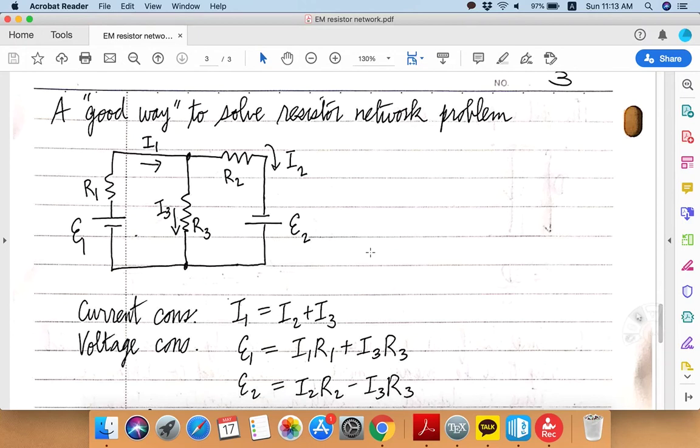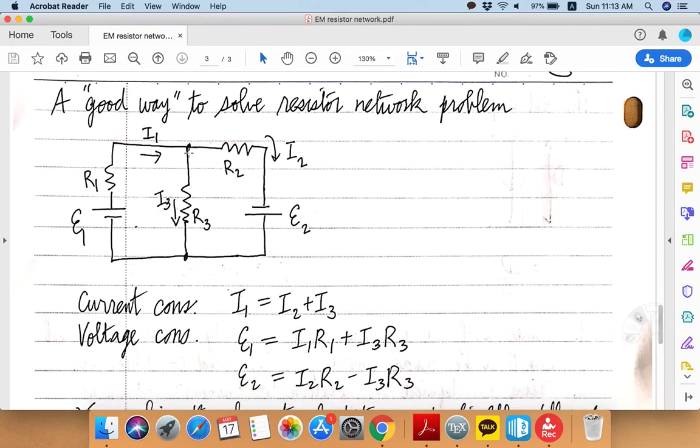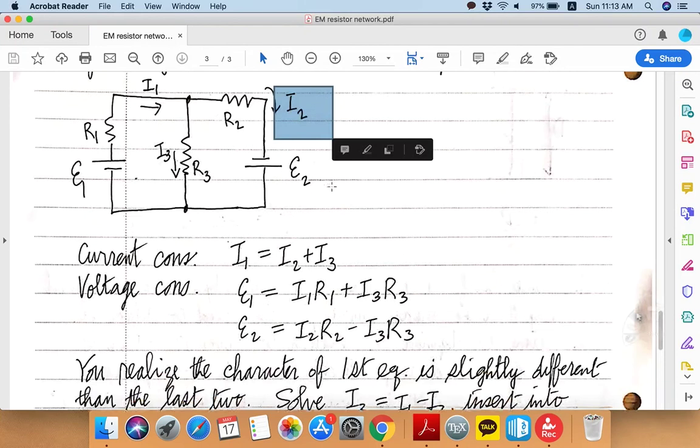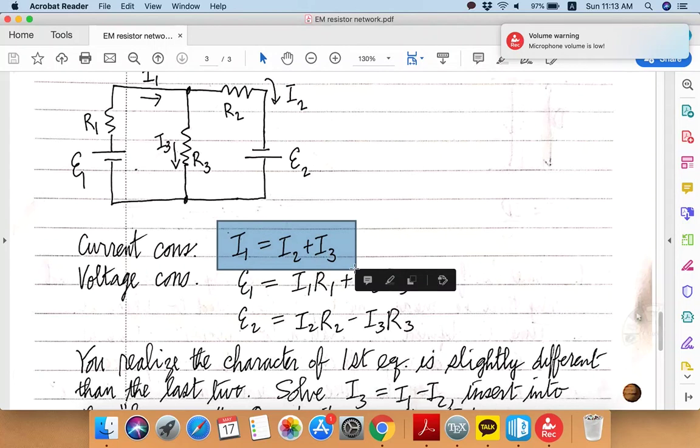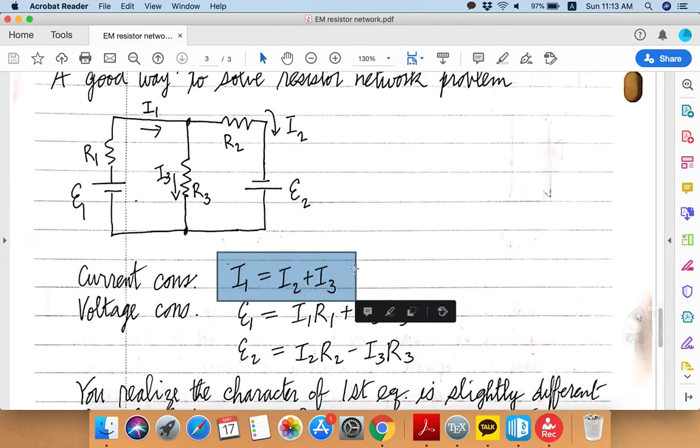However, according to current conservation, the current I1, which is coming into this node, gets split into two different currents, I3 and I2. So that means I2 and I3 added together must equal I1. That's an example of Kirchhoff's first rule, on the current conservation.